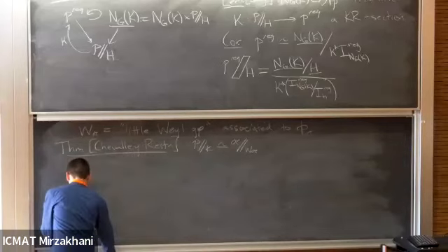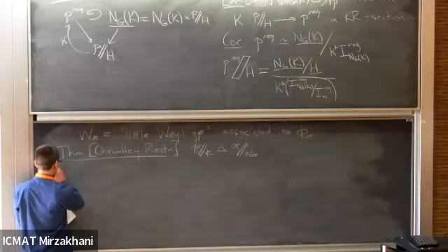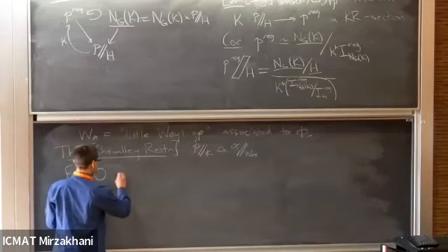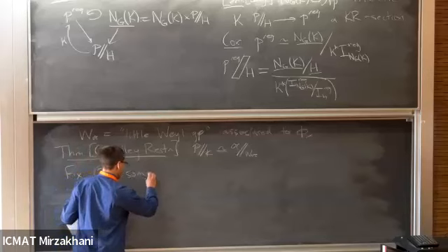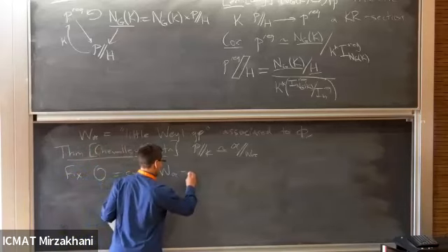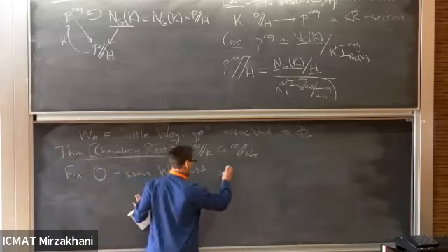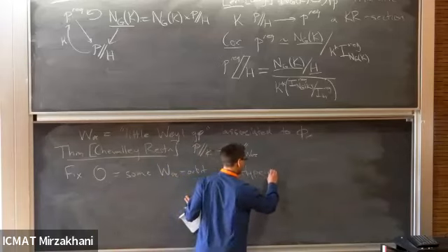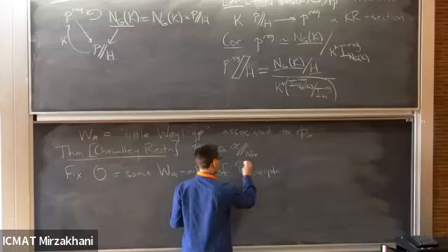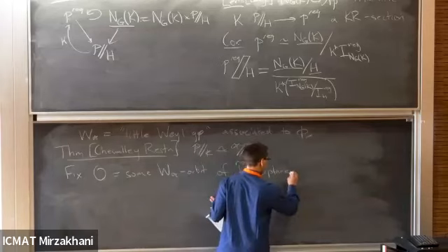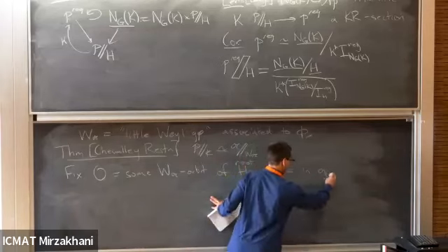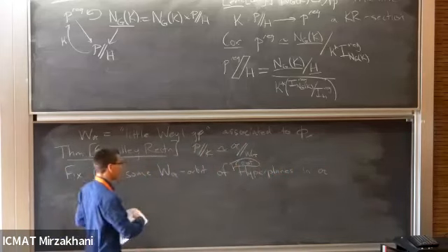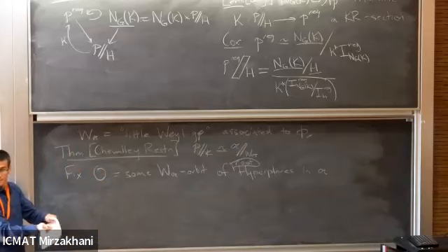So let me do that then. Let's fix O to be some W_A orbit of root hyperplanes in A. And I'm going to tell you whether their image is in this divisor.